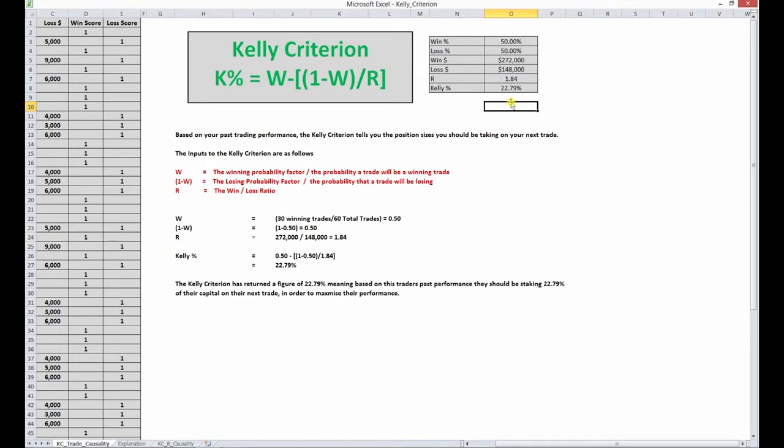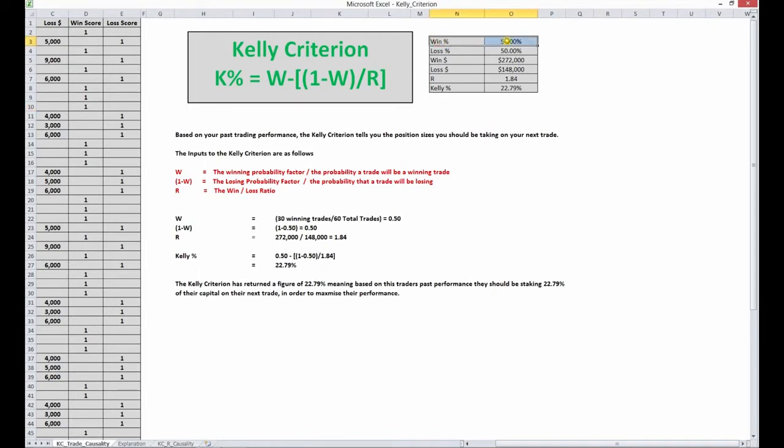So first of all, is this trader any good? Who says yes? Who thinks this trader's bad? Who thinks this trader's just average? Okay. The answer is this trader's pretty damn hot. What is W?